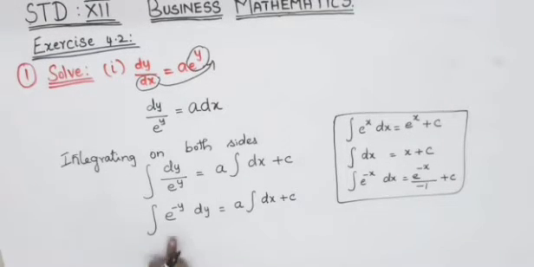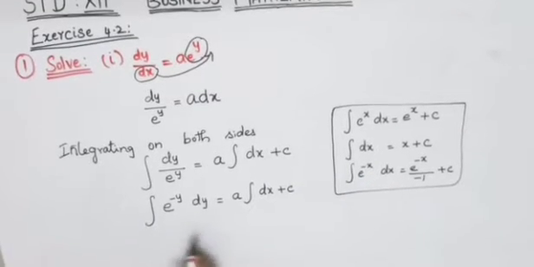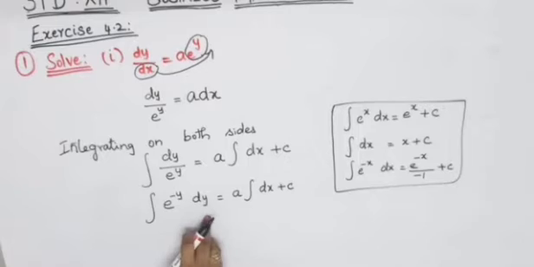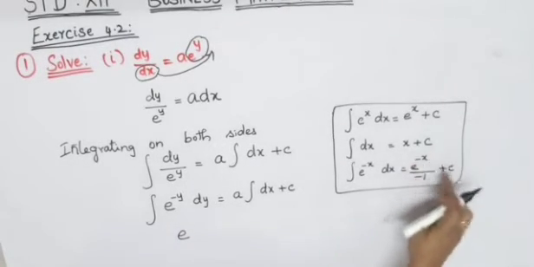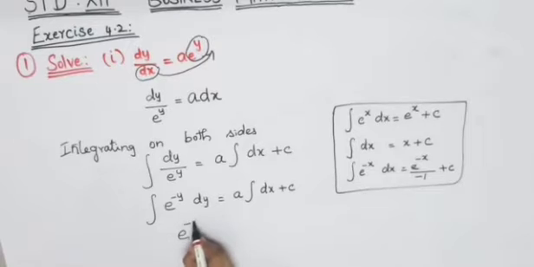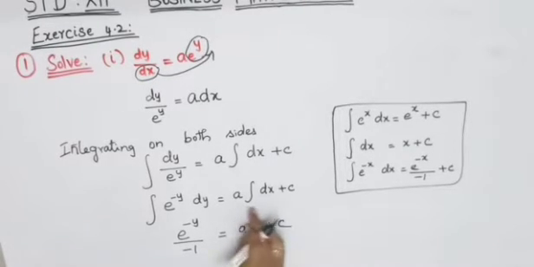Okay, so the integral of e power minus y into dy. In the place of x, put y. So the integral of e power minus y into dy is equal to e power minus y divided by minus 1, that is equal to ax plus c, because the integral of dx is x. a is a constant, keep it outside, so x will be here plus c.